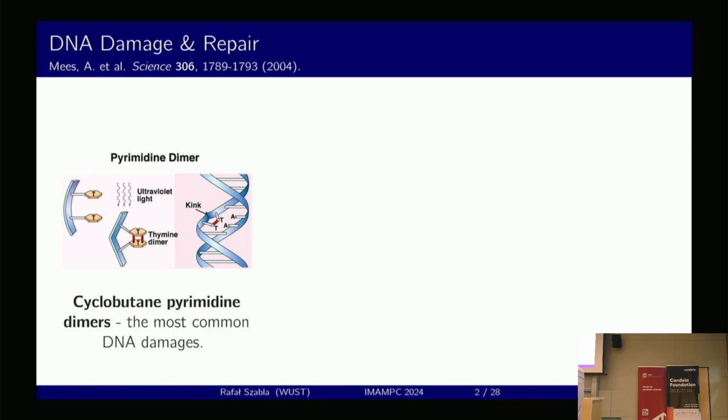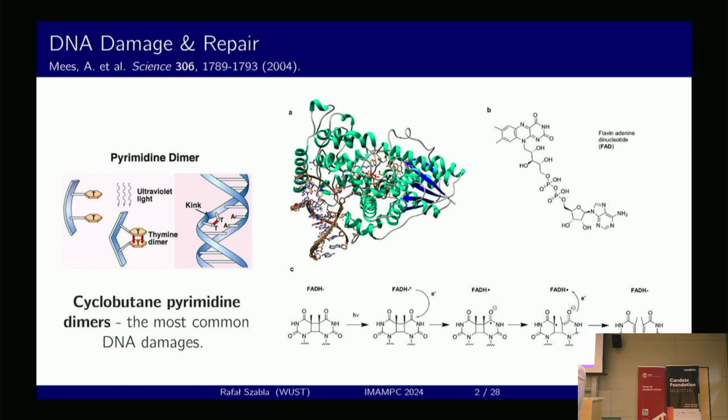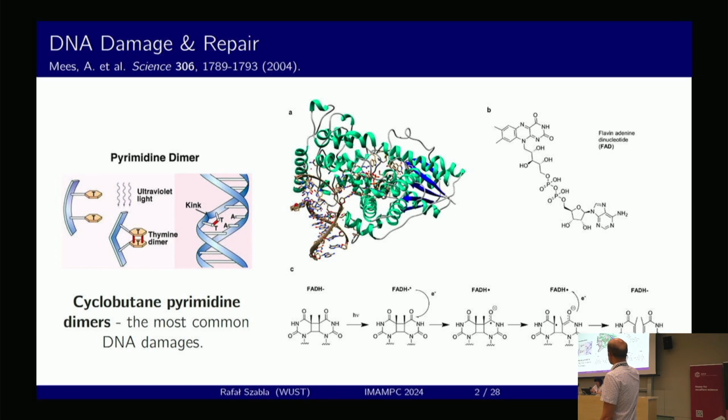Nature developed a set of different enzymes, and this is one of them, enzymes which can repair these photodamages. This is a photolyase. It identifies the kink in the backbone, and then sucks the lesion into the active site of the enzyme, which has a flavin-adenine cofactor.